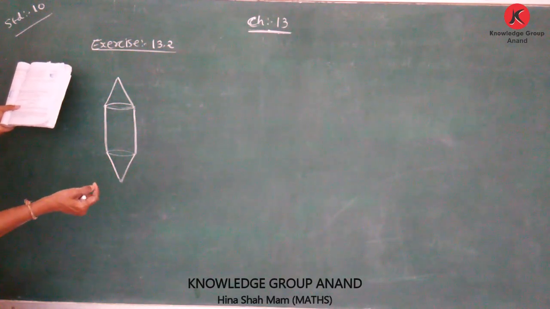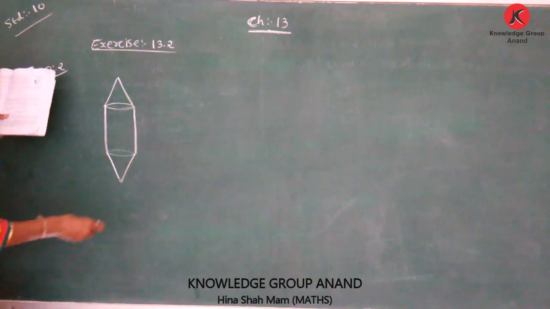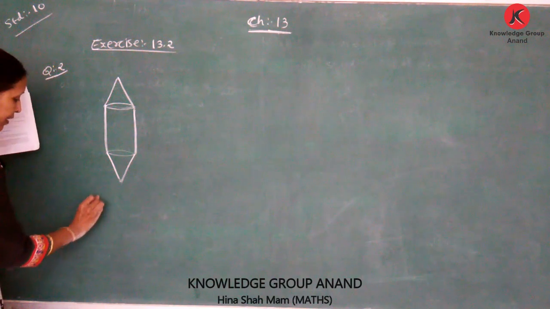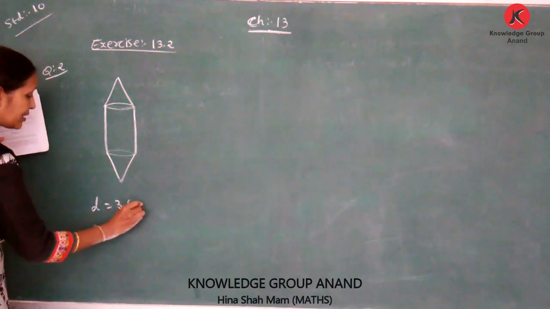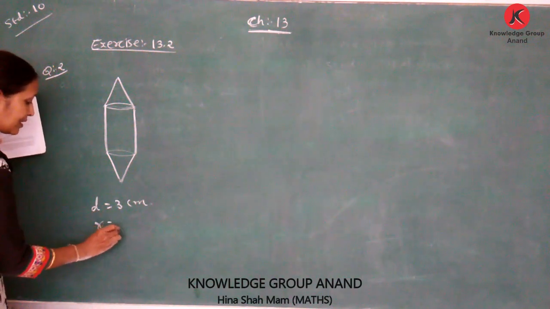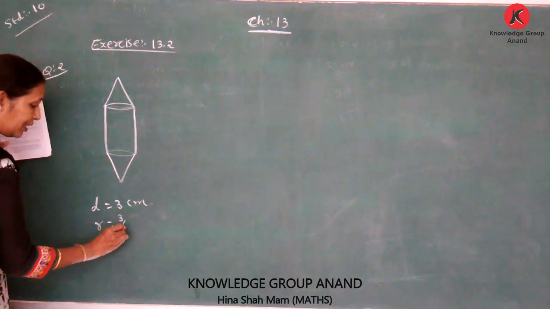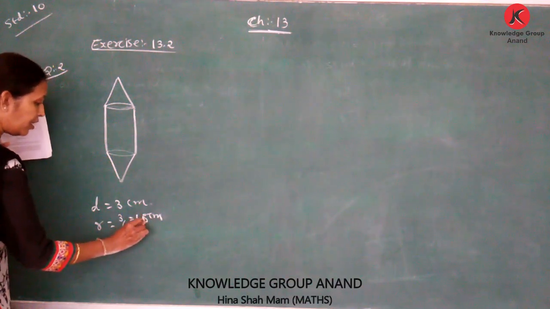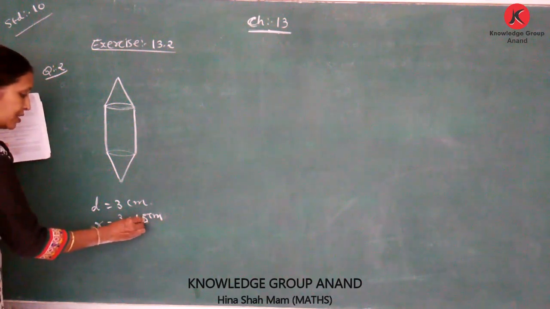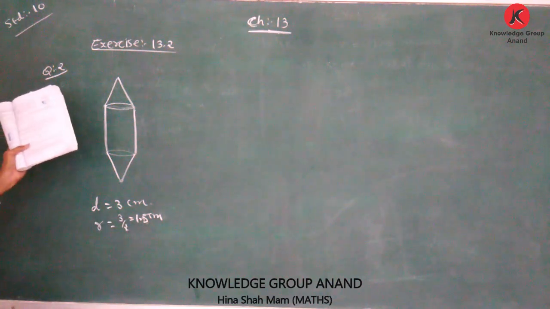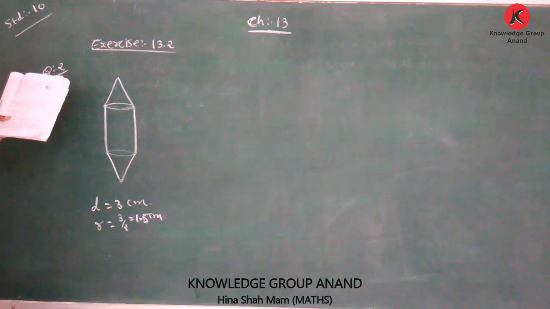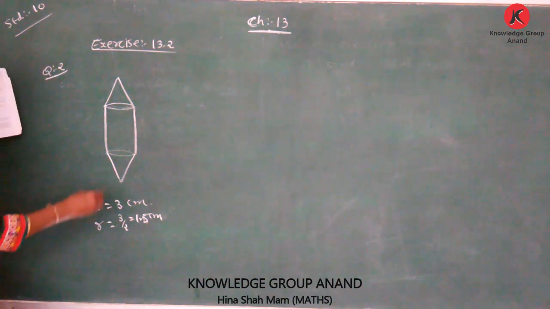The diameter of the model is 3 cm. Here, diameter is equal to 3 cm. Therefore, radius is equal to 3 by 2, which is 1.5 cm. And its height is 12 cm.